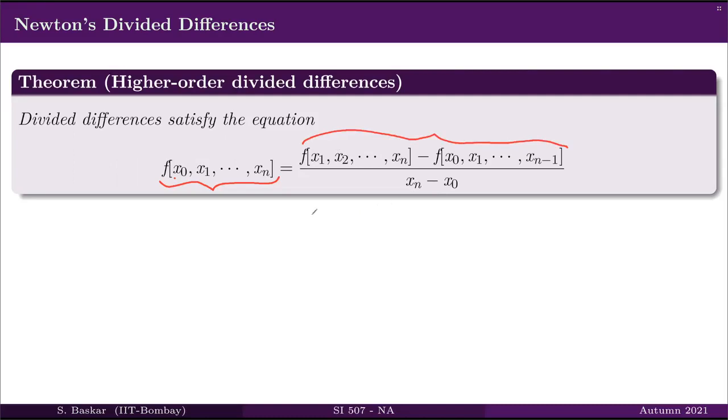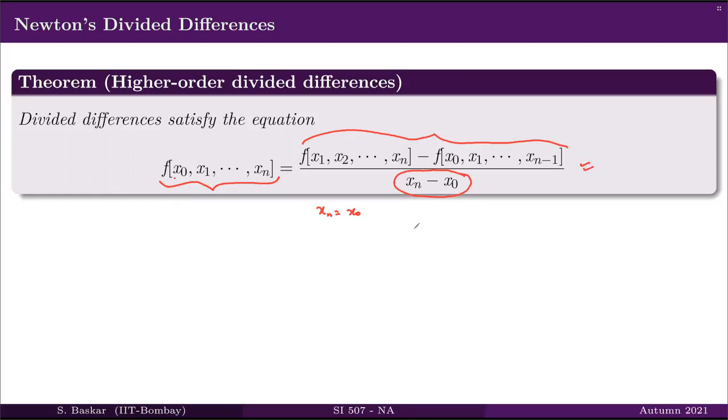You can see that if xn is equal to x0, say, then the denominator becomes 0, and therefore this formula seems to be not well defined, right? That is the main problem for us to go ahead with this formula when two or more nodes are repeated.